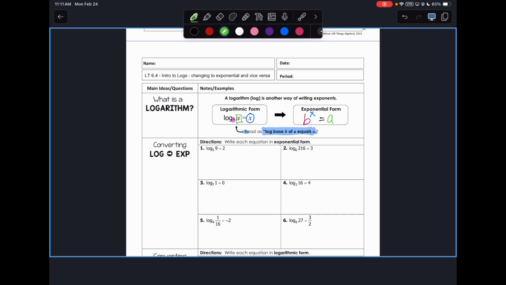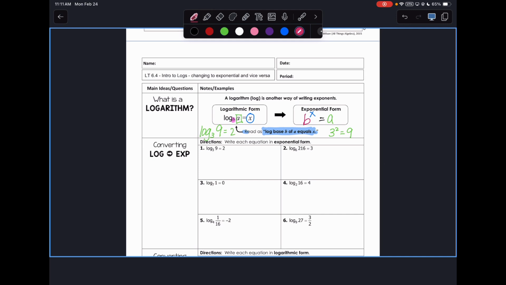Okay. So if I have 3 to the second power, what would that equal? 9. So if I say 3 to the second power equals 9, the log version of it would be log base 3 of 9 equals 2. So I already have it, number 1. How would we write it in exponential form?